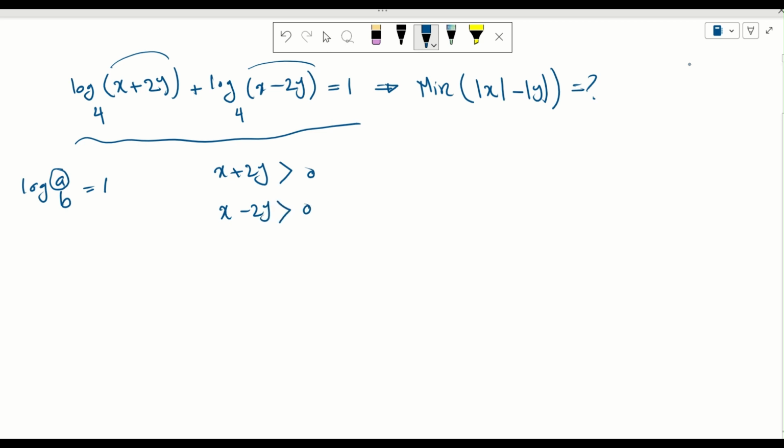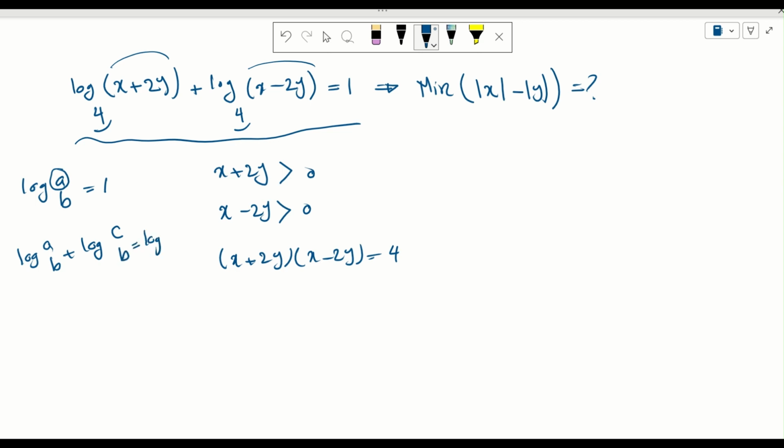On the other hand, when we have the base for both logs equal to 4, we can say that basically x plus 2y times x minus 2y equals 4 here, because log of a in base b plus log of c in base b can be written as log of ac in base b.